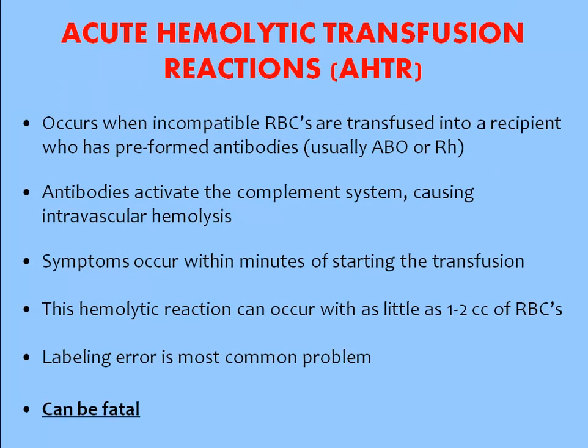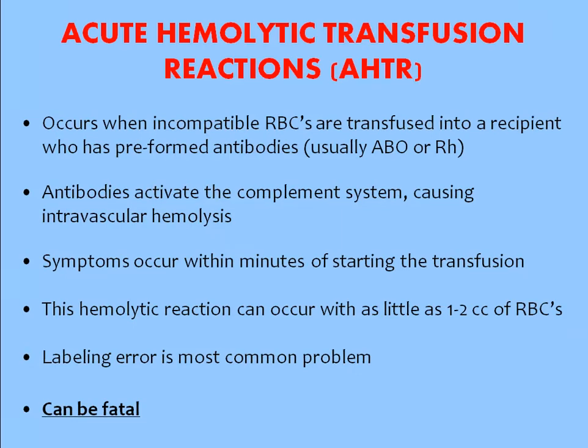Now, what are acute hemolytic transfusion reactions? It occurs when incompatible RBCs are transferred into a recipient who has preformed antibodies. Usually, it occurs with Rh positivity and Rh negativity, whereas ABO incompatibility is also commonly seen. Then antibodies activate the complement system, causing intravascular hemolysis.